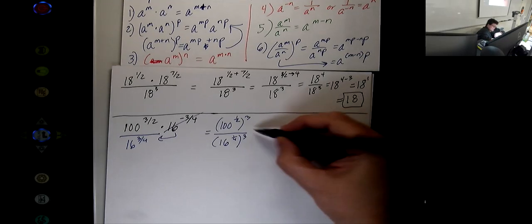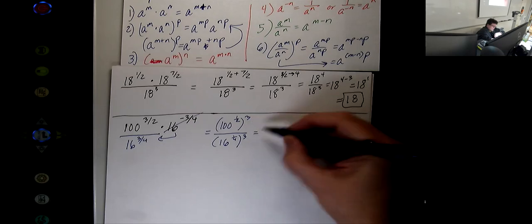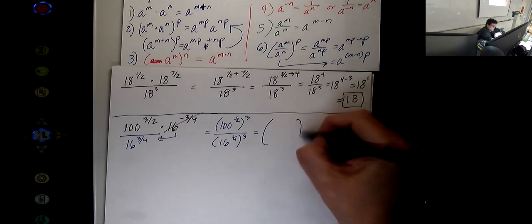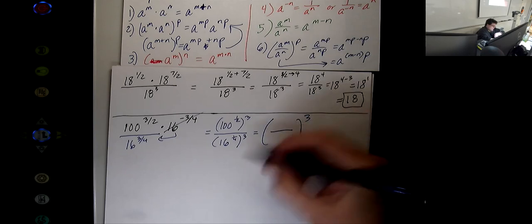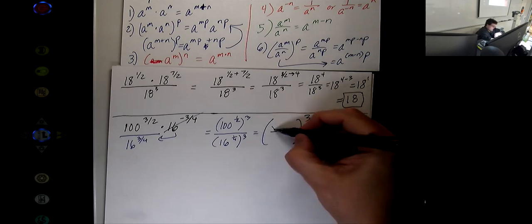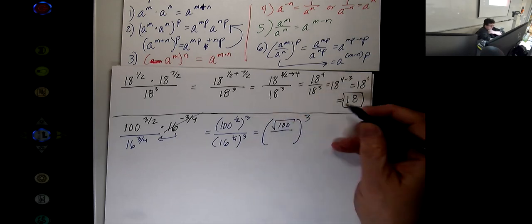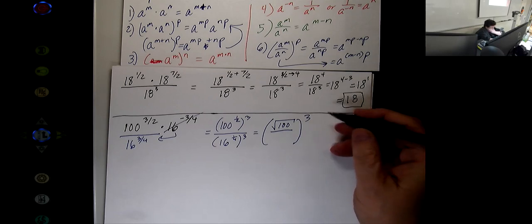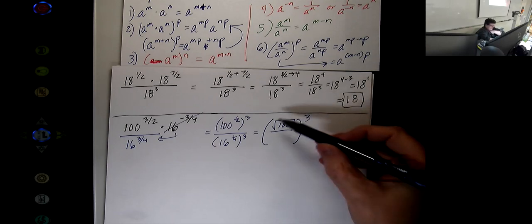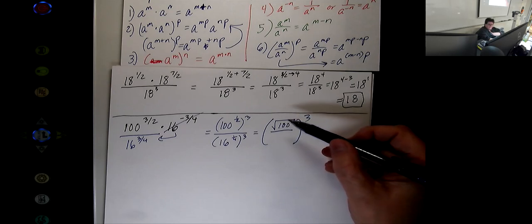And then the cubes go together. I can put the cube as one big thing. I'm going to rewrite this. This is the square root of 100. I think that's a little easier to see than leaving it as a fraction.